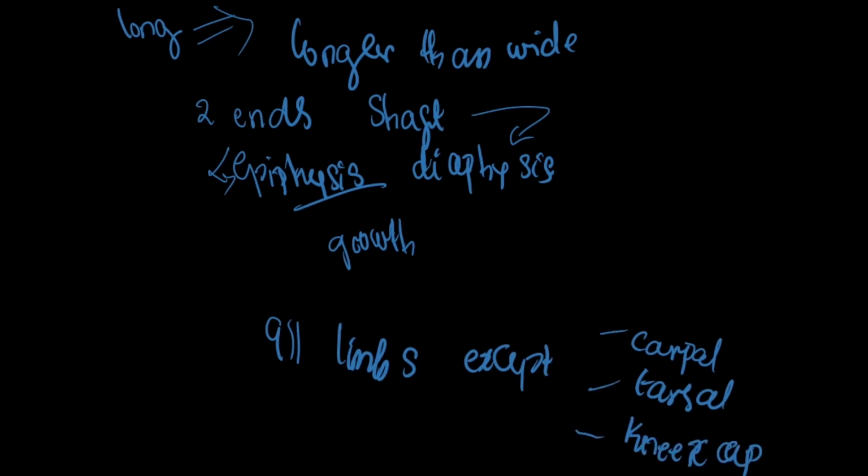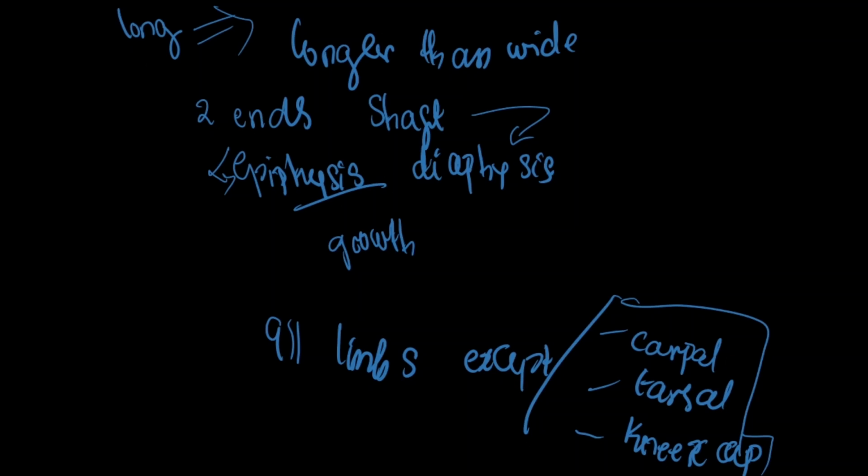So the humerus is a long bone, ulna and radius are long bones, and in the lower limb, femur, tibia and fibula are all long bones. These, however, are the only exceptions among the bones of the limb. Okay, carpals, tarsals, and the kneecap are not long bones. So it's important for us to take note of that.